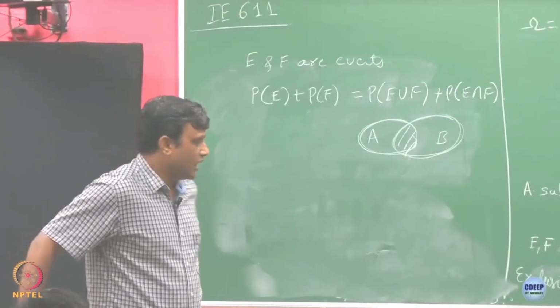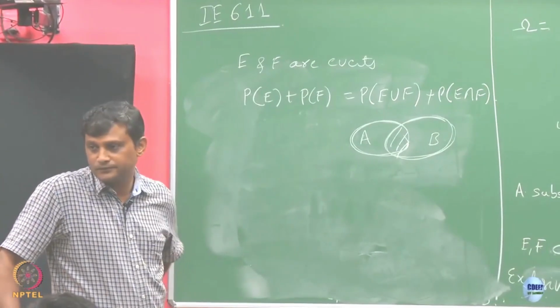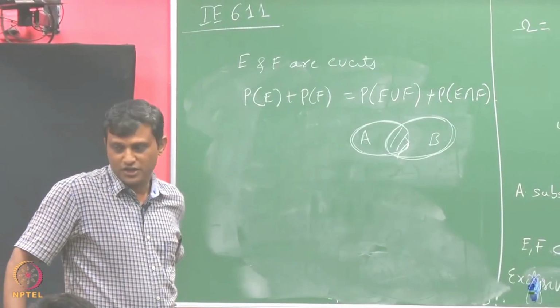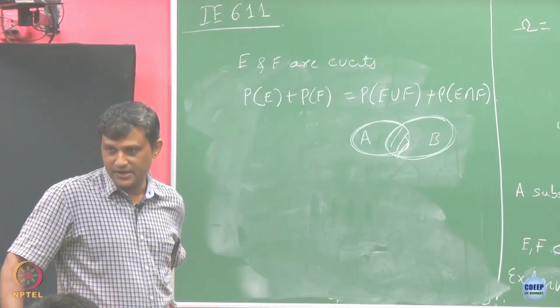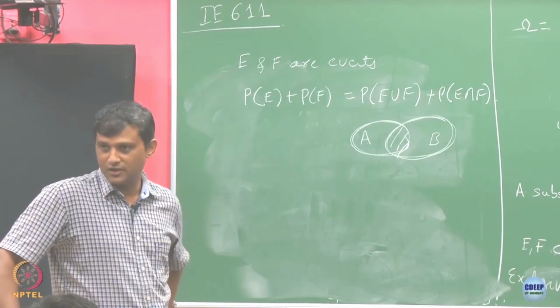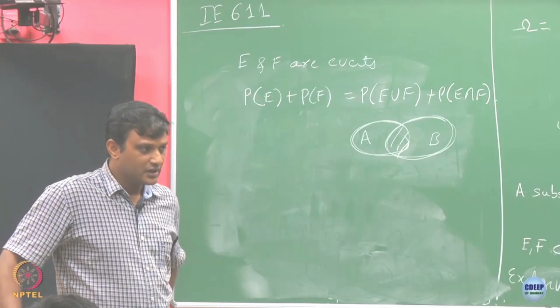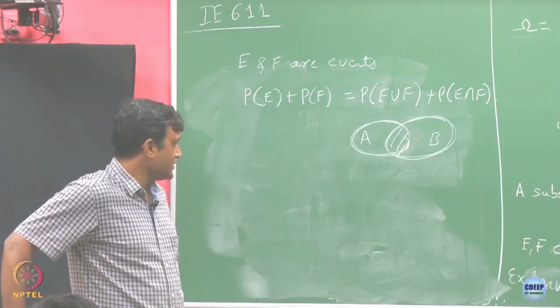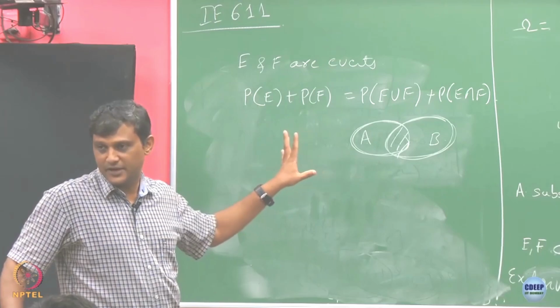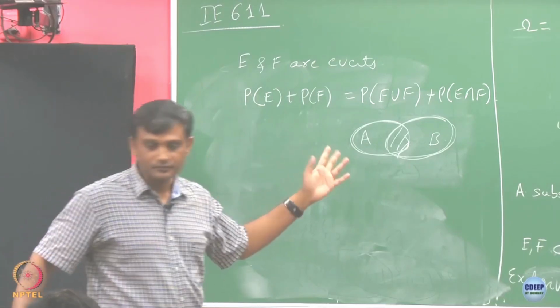So now we have introduced this basic notion of what is sample space, what is event, and this notion of probability, and we want this probability to satisfy some intuitive properties. Okay, fine.